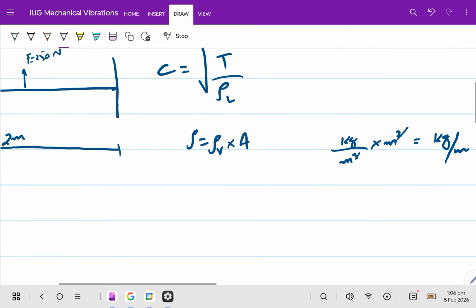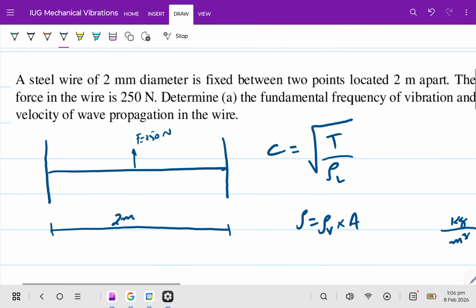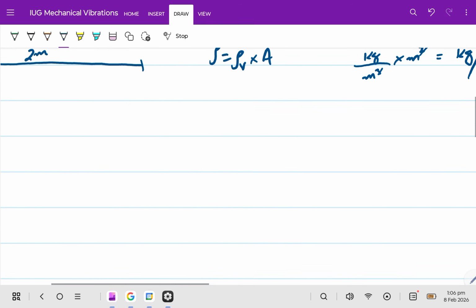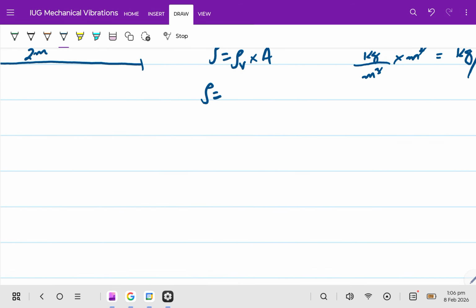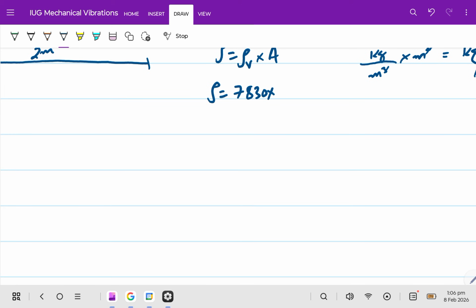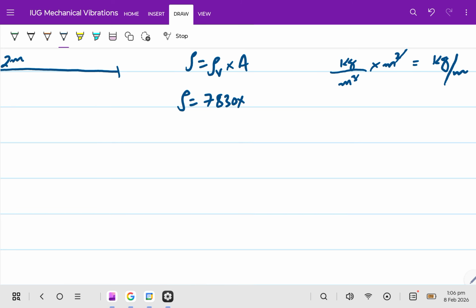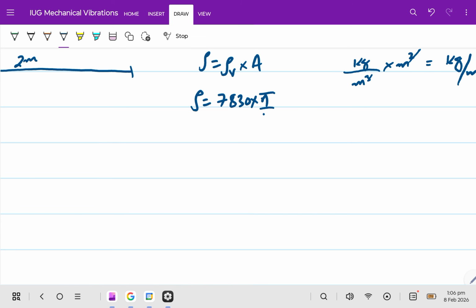Because the wire is made up of steel, the density will be that of steel, that is 7830 kilogram per meter cube, into the cross-sectional area. Since the diameter is 2 mm, the cross-sectional area would be pi by 4 into (2 exponent minus 3) square.